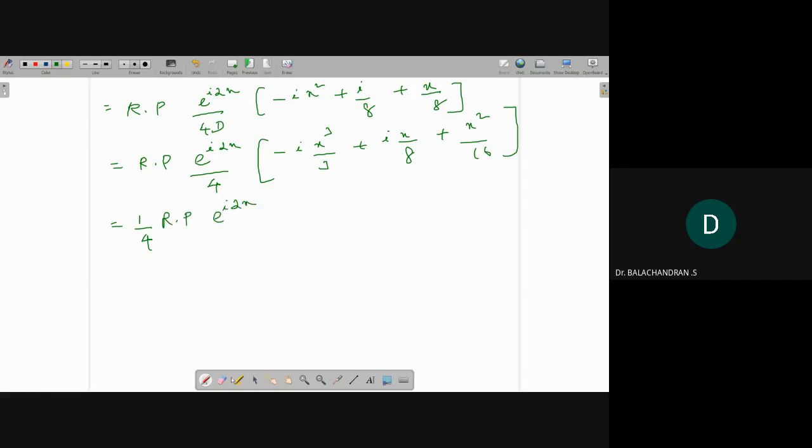But it is better to write now cos 2x plus i sin 2x. Right, what is the real part here? x square by 16 is the real part. Imaginary part plus i into, or you can take minus i into x cube divided by 3 minus x by 8.